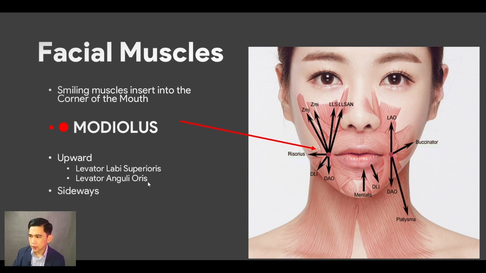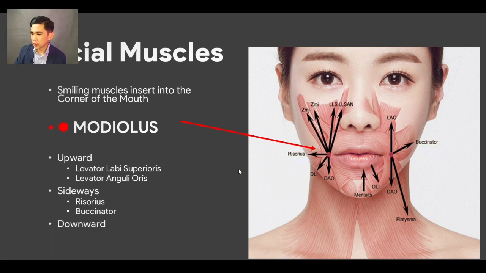Oris is mouth. We also have another muscle that makes our mouth go sideways, and it is called the risorius. Okay, so the risorius pulls that way. And also the buccinator, which is a little bit deeper than the risorius. And downward, we have the DAO, or the depressor anguli oris.